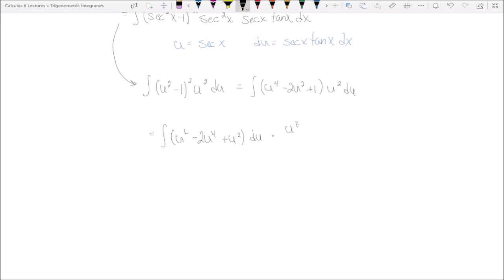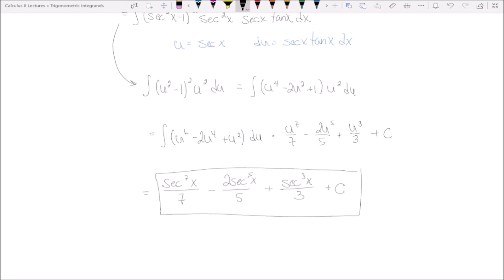And that gives us u to the 7th over 7 minus 2u to the 5th over 5 plus u cubed over 3 plus a constant. And replace in our secant. And we have secant to the 7th over 7 minus 2 secant to the 5th over 5 plus secant cubed over 3 plus our constant.